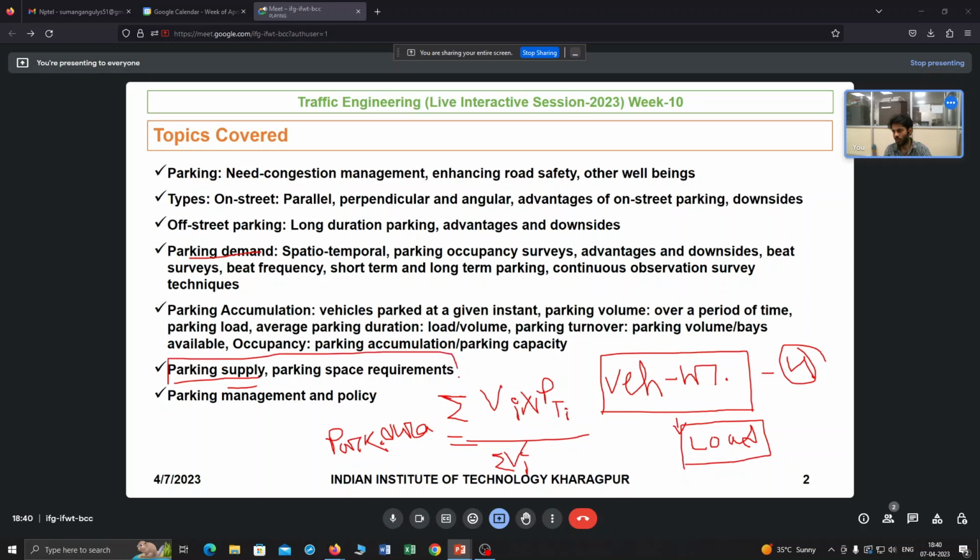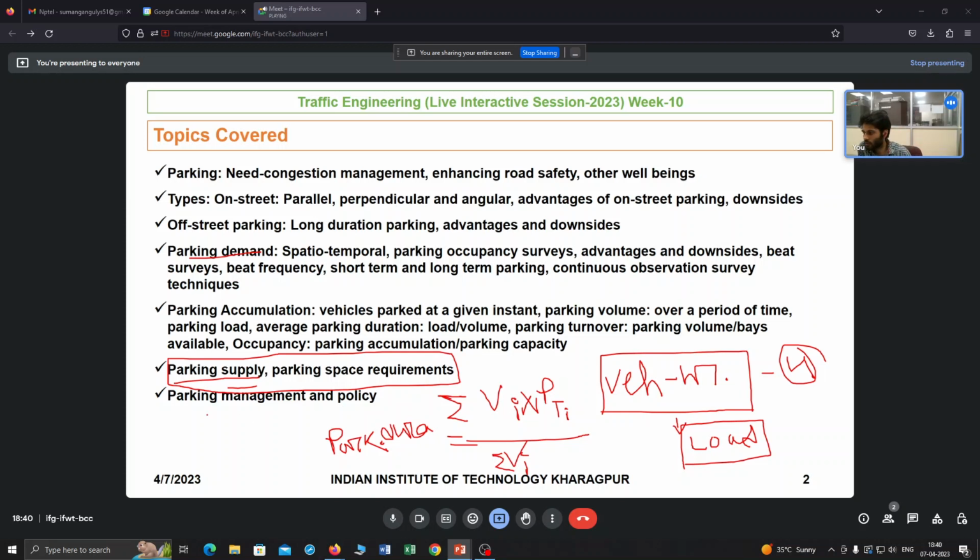What is the parking space that is available and what are the requirements? Suppose at a particular instance your parking supply is greater than your parking demand, then you do not have to worry about anything.